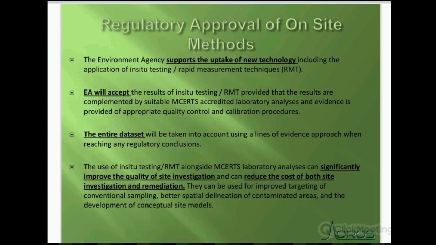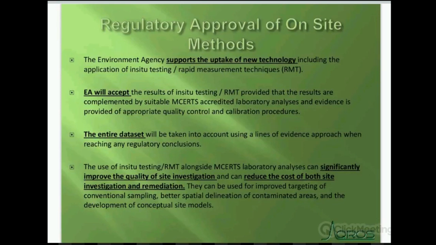And so they're not really agreeing. But using a lines of evidence approach, you may discover actually that the on-site data shows there was background organic present and that the lab didn't actually clean up the sample. And in that case, the Environment Agency is likely to take the on-site analysis results as being the more accurate.